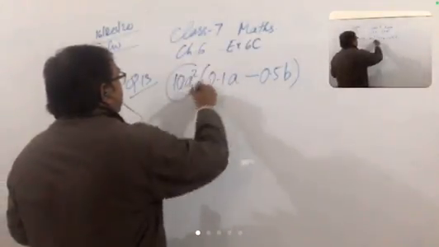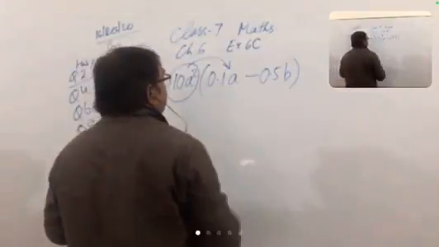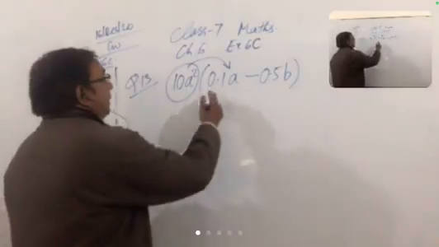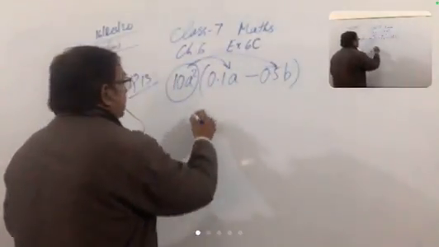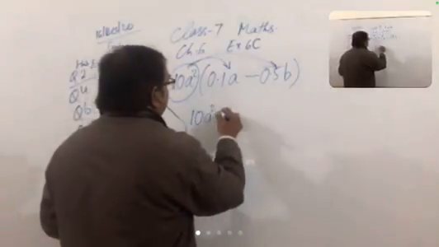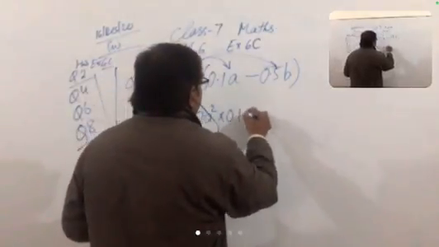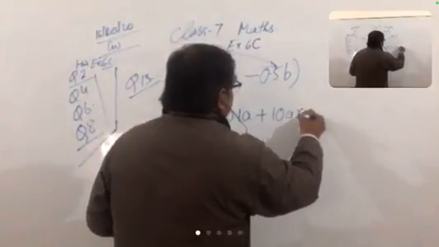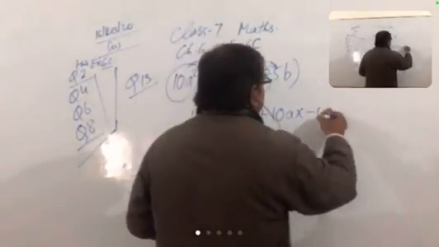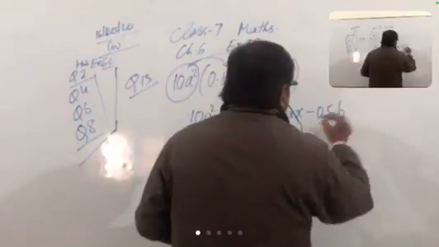So this is a term. First we have to multiply with the first term, then with the second term. Now this is 10a square multiplied by 0.1a and then plus 10a multiplied by minus 0.5b.